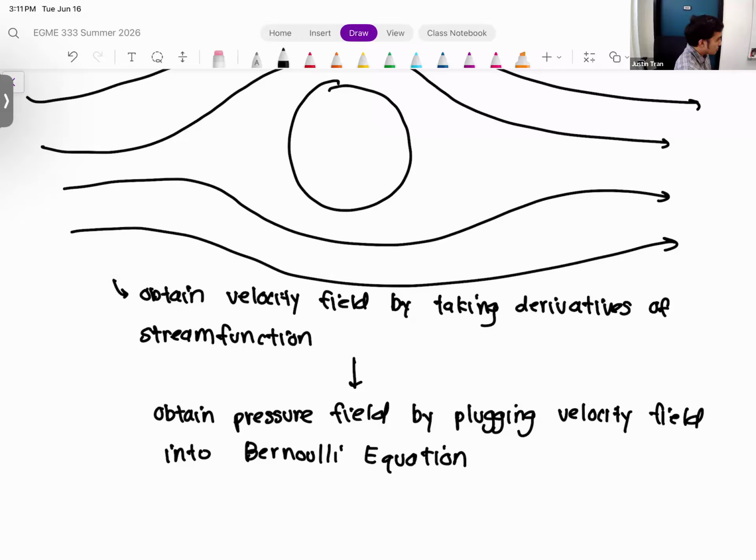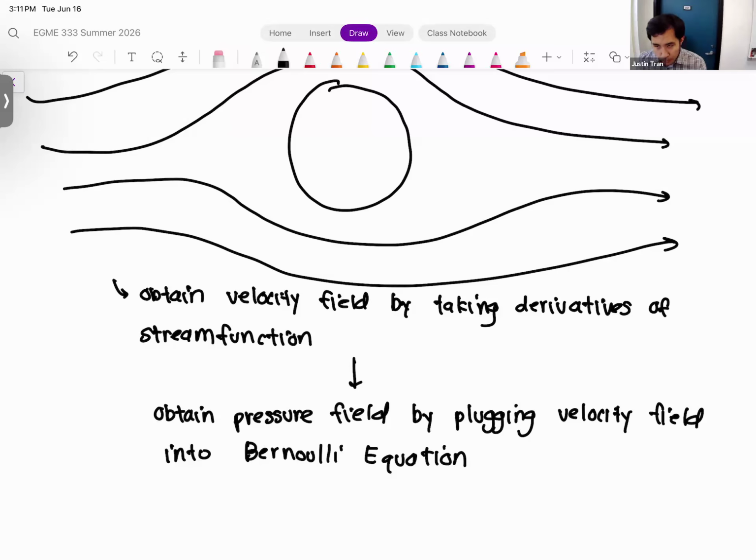Because all of the flow fields that we obtain from potential flow satisfy the conditions for Bernoulli. So they're steady state, they're incompressible, they're inviscid, so we're not considering viscosity, and we can follow a streamline very, very easily. Okay.